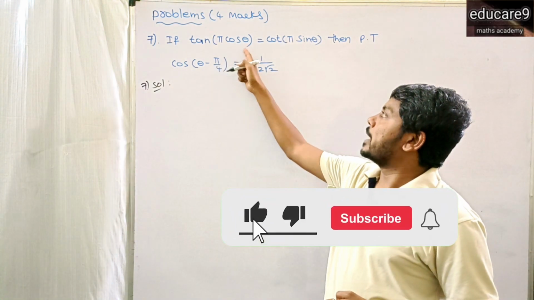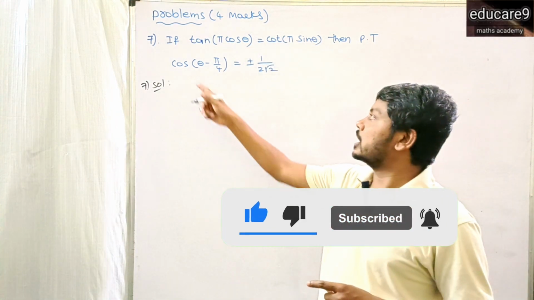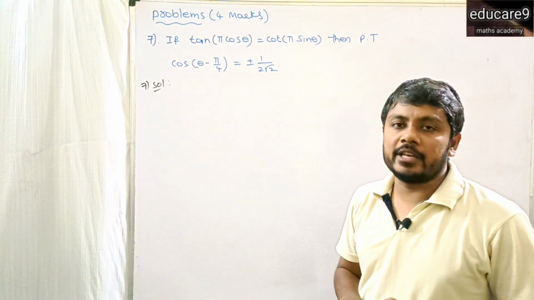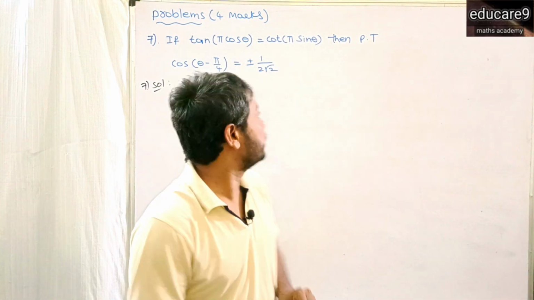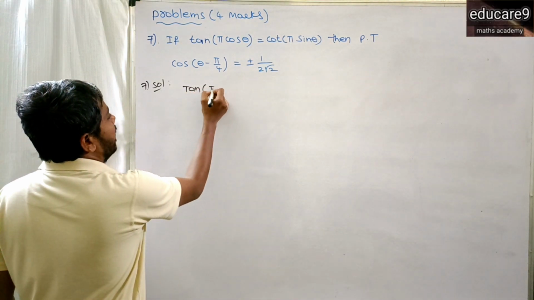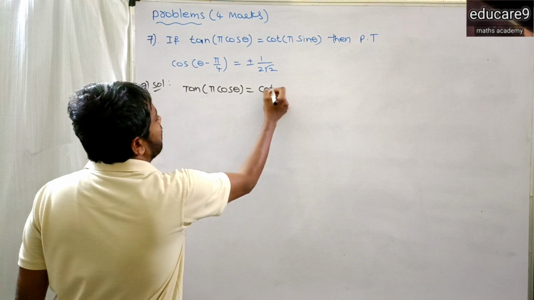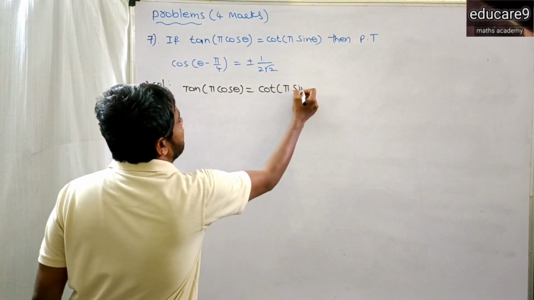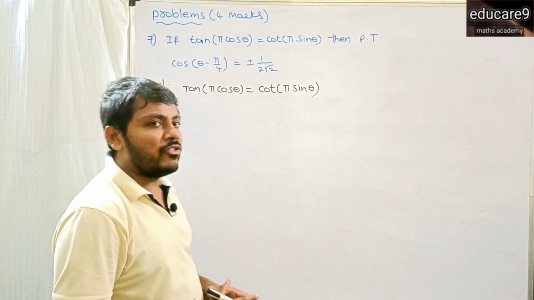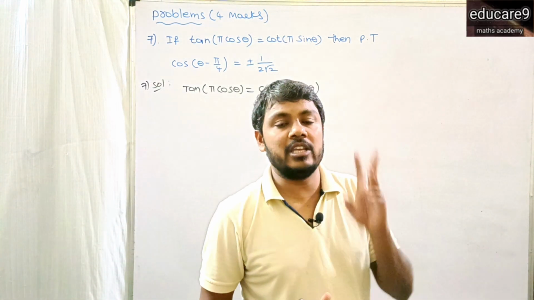Here tan of pi cos theta equal to cot of pi sin theta. Then prove that cos of theta minus pi by 4 is plus or minus 1 by 2 root 2. See here, given tan of pi cos theta is equal to cot of pi sin theta. So clearly we have the formulas for the general solution of given trigonometric equations.